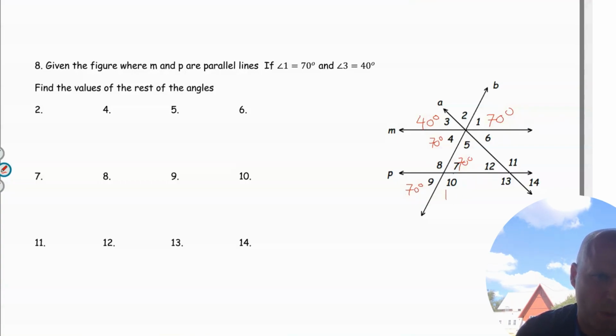We can see this must be 110. This must be 110. Cool. What else? If this is 40, 12 must be 40. 14 must be 40. 11 must be 180 minus 40. 13 must be 180 minus 40.